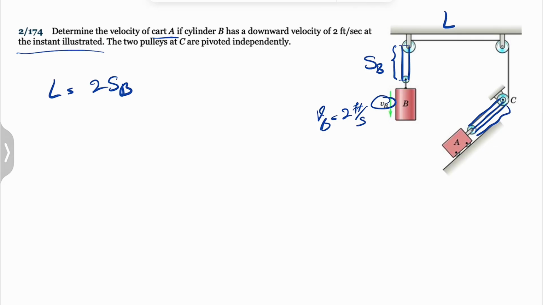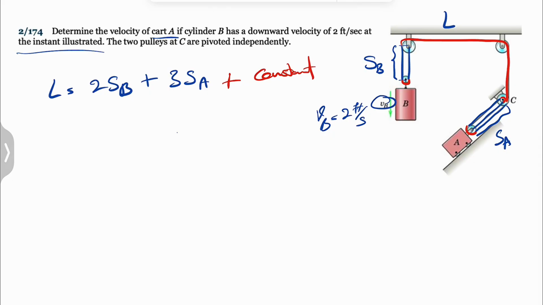We'll call this one SA, so we have 2 SB plus 3 SA, plus some constant, which covers the parts going around the pulleys. You can just call these constant, just as it is.